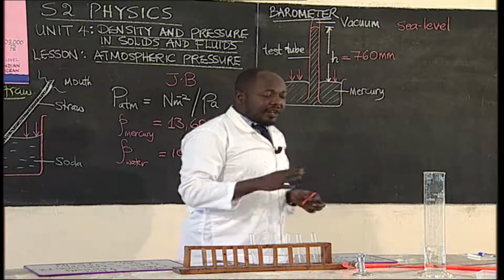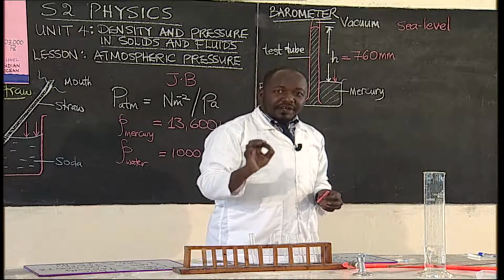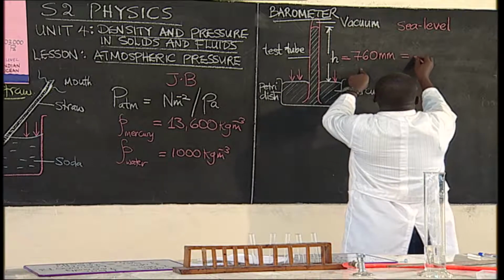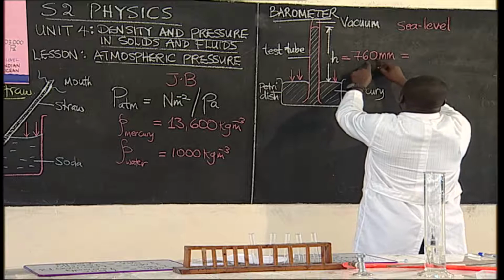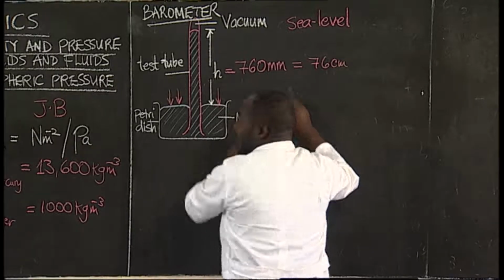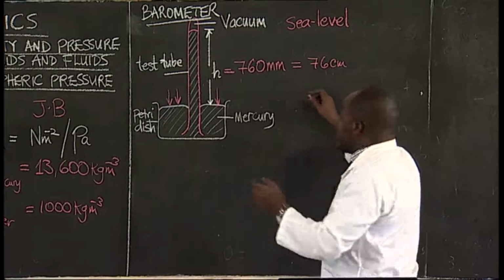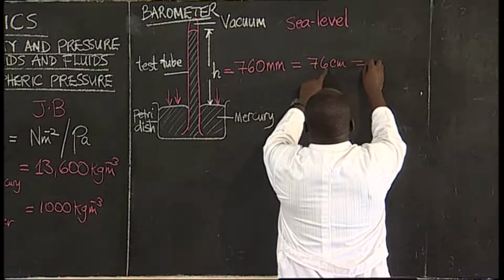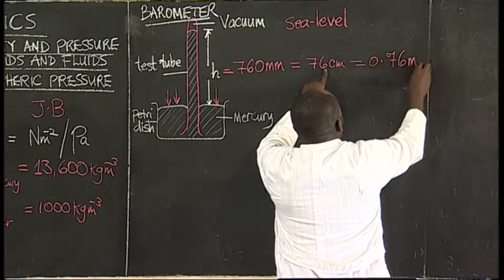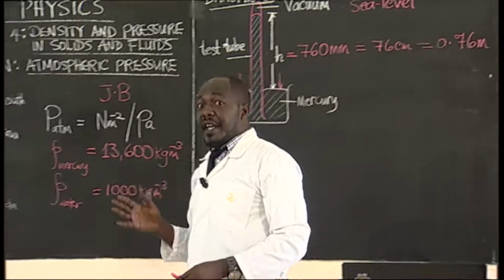Okay? 760 millimeters. If you want to change that into centimeters, you divide this by 10. That becomes 76 centimeters. Again, if you want to express it in meters, we divide this one by 100. That becomes 0.76 meters. Do you see that?